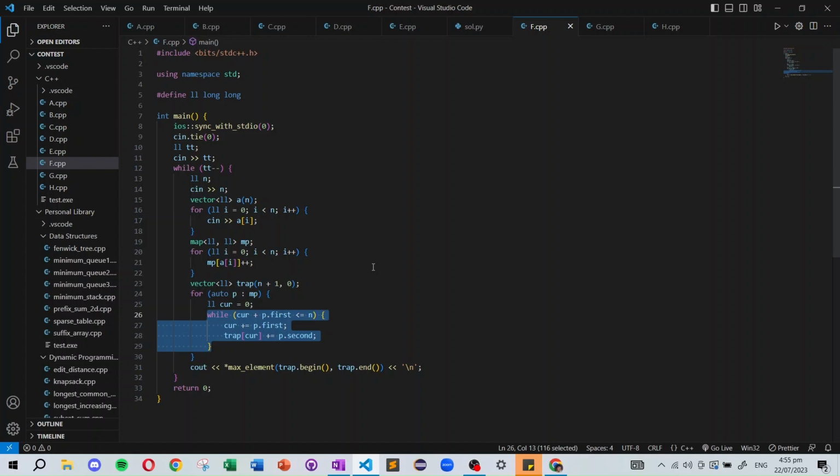While it can hop to a point, so the current plus the leaping power of the frog is less than or equal to n, then we hop there. So while the point is reachable, we hop there, we increase the point by the frequency of that distinct a sub i, and then we just print the maximum element in the trap array.